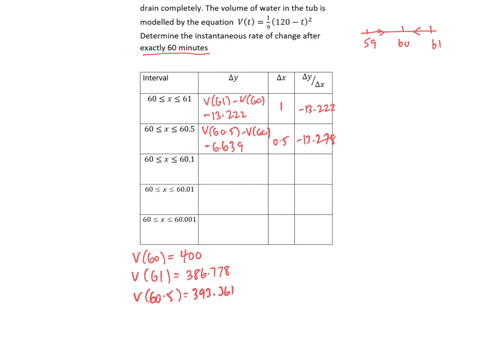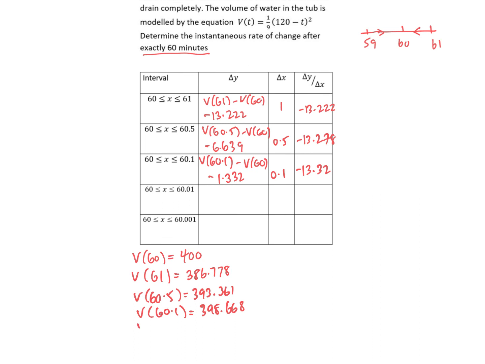So that's a pretty good approximation, but I'm going to go even closer, and I'm going to do V at 60.1. Plug that in. So we'll do volume at 60.1 minus volume at 60, and we get this result. Delta x is 0.1, so if you make that division, we get negative 13.32.